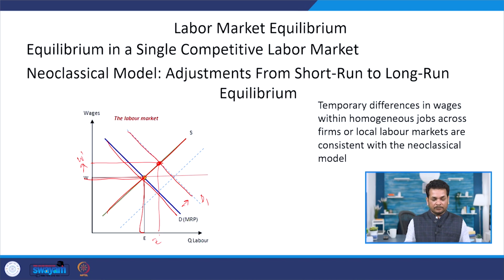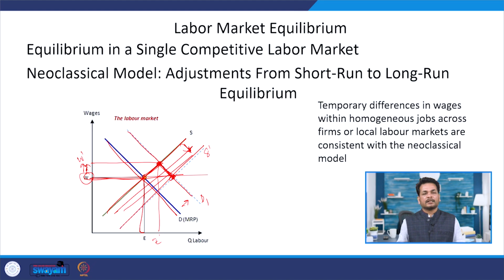Over a period of time the supply function will shift from S to S dash. As a result, there could be short run fluctuations in employment and the wage rate, but in the long run it will slowly get adjusted as the supply increases, and the wage will come back to the long run wage rate.